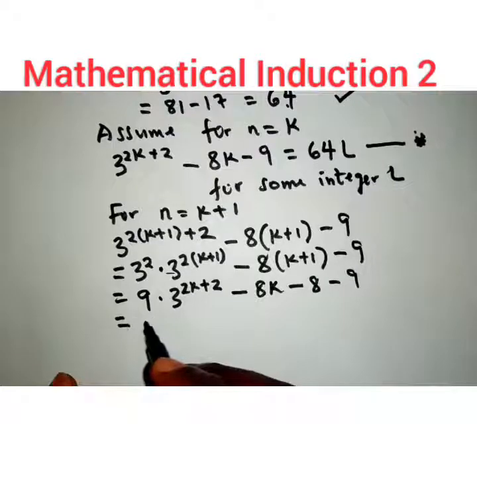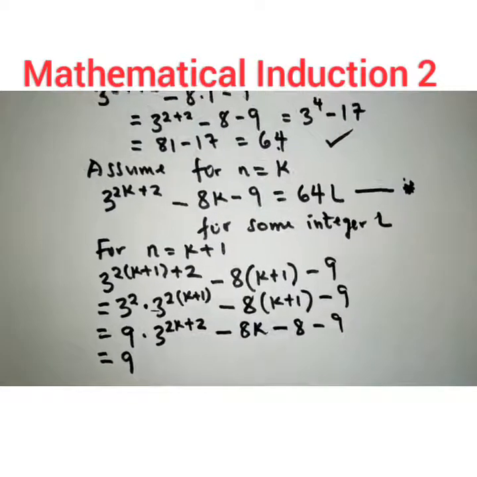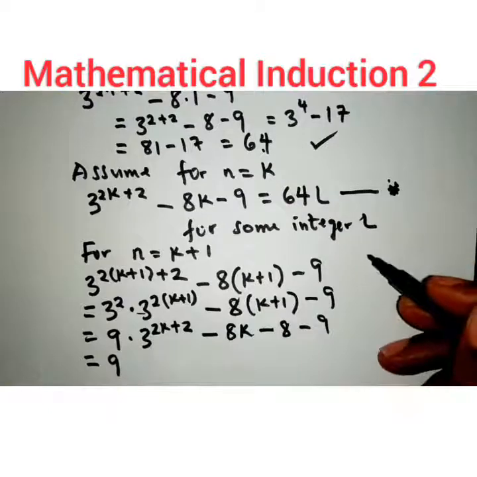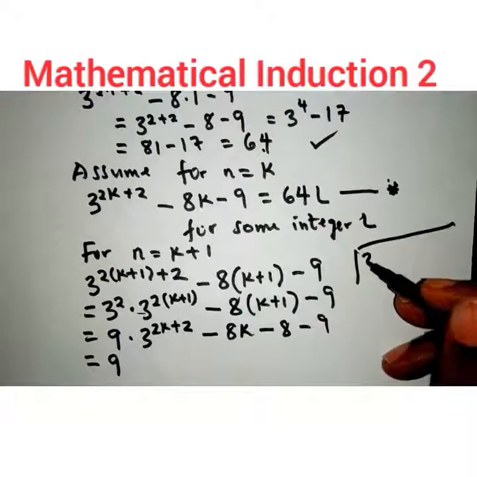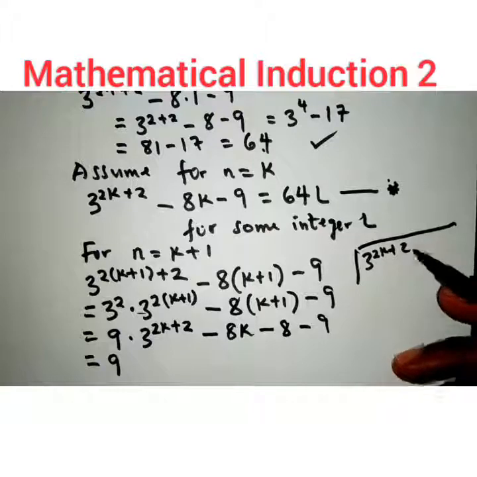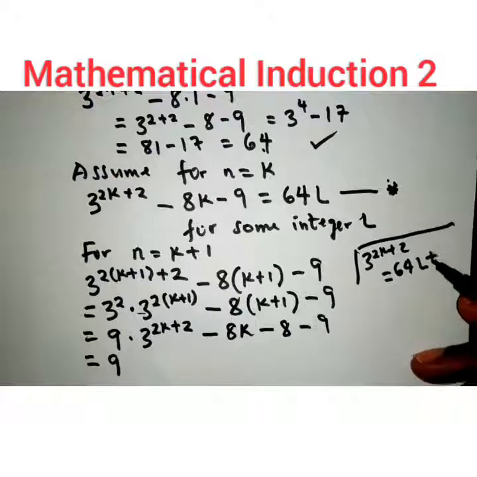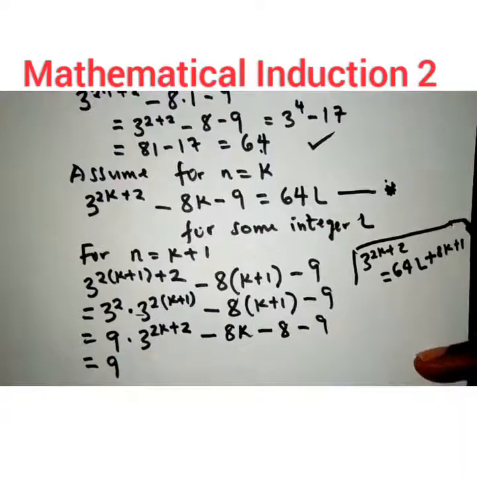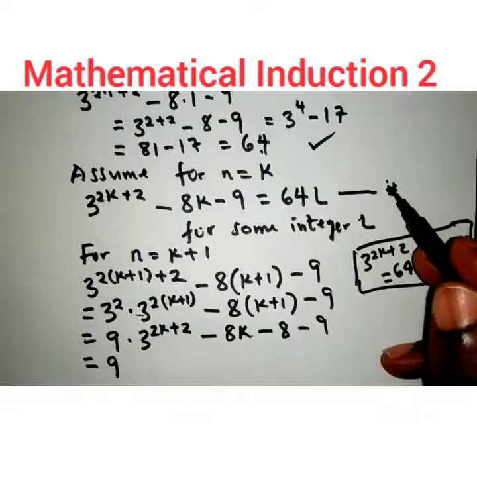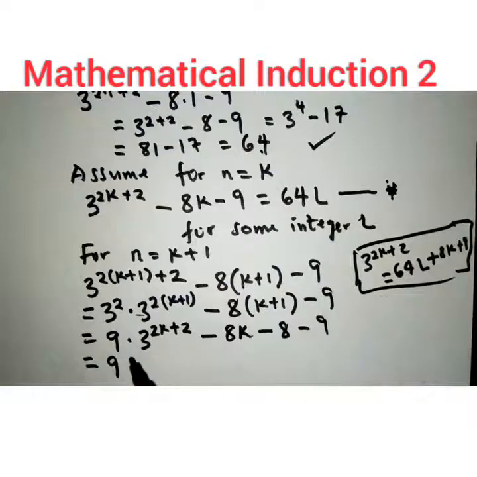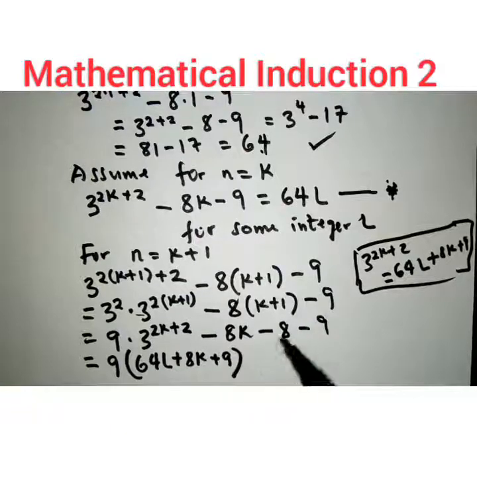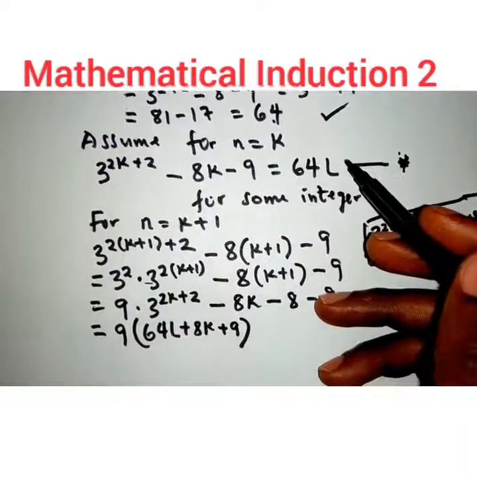Now, from our assumption star, 3 raised to power 2k plus 2 is equal to 64L plus 8k plus 9. So we can substitute that for this here. So we have 9 times 64L plus 8k plus 9. That is from this assumption that we made earlier.